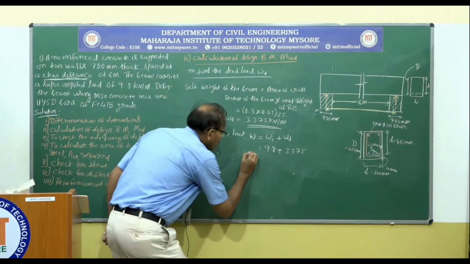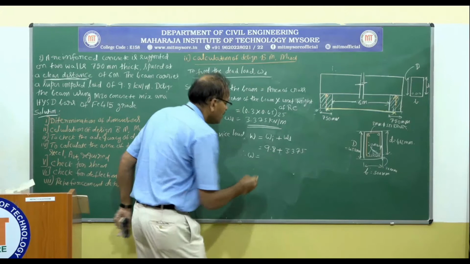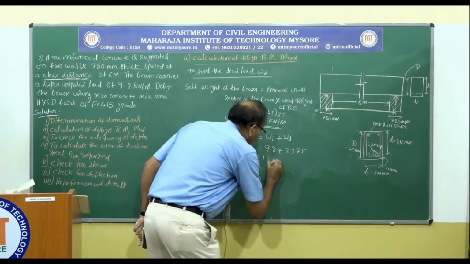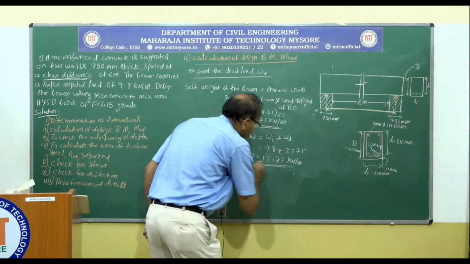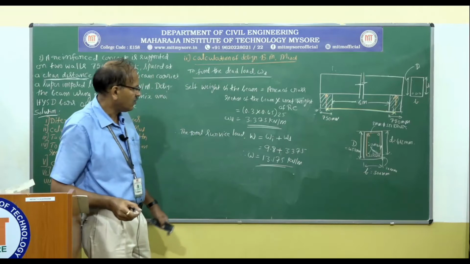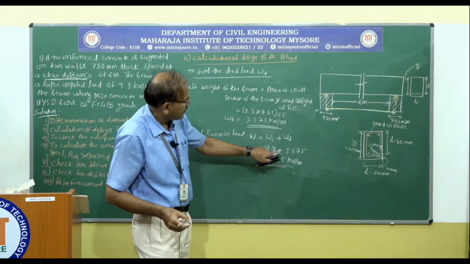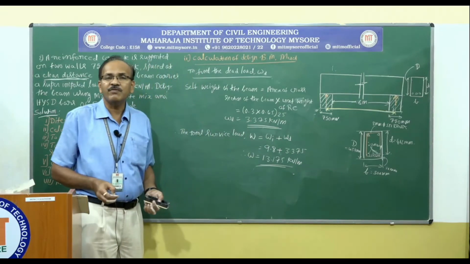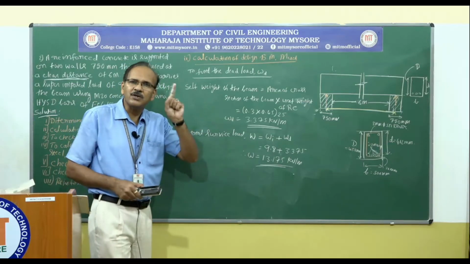Therefore, W equal to, that is 13.175 kilonewton per meter. Okay, so it is 13.175 kilonewton per meter. That is the total service load.